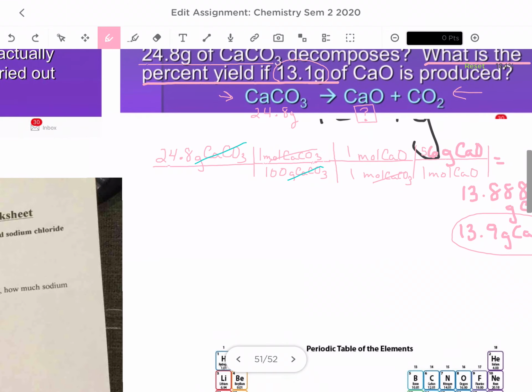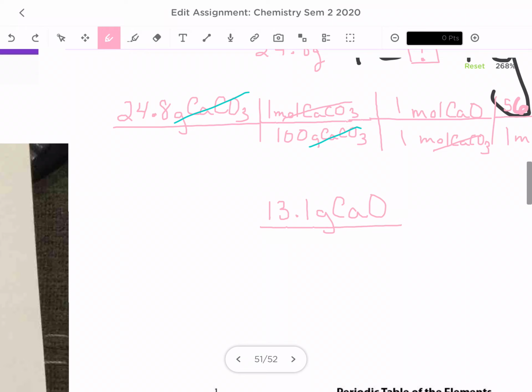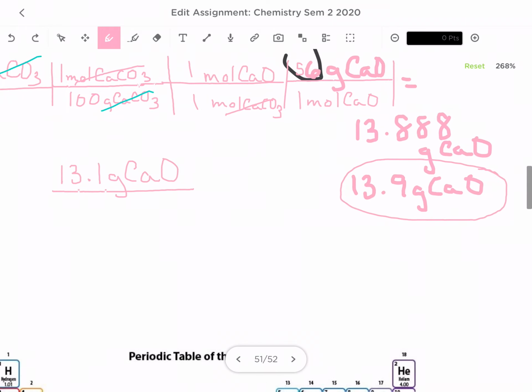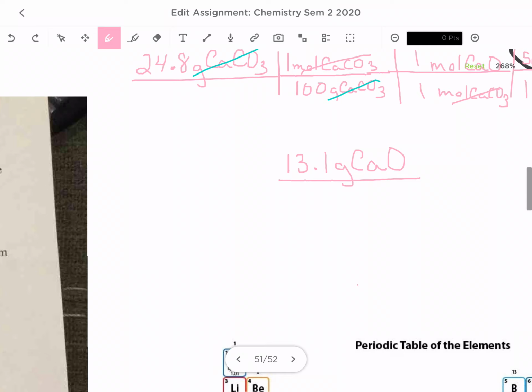So 13.1 grams CaO, that's the actual, over the theoretical, which we just calculated, of 13.9 grams of CaO times 100, and that gives us our percent yield.